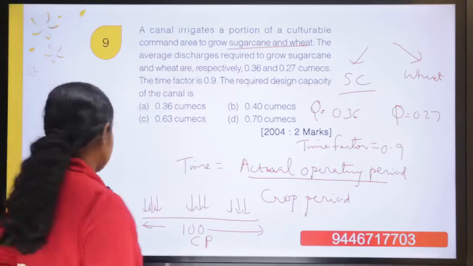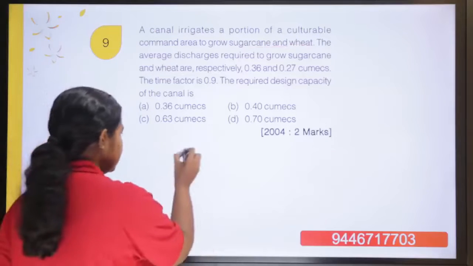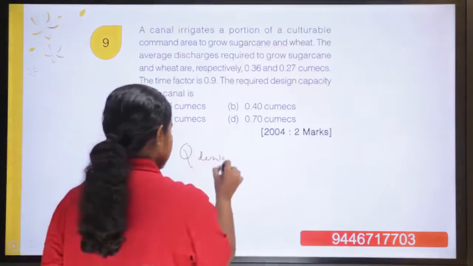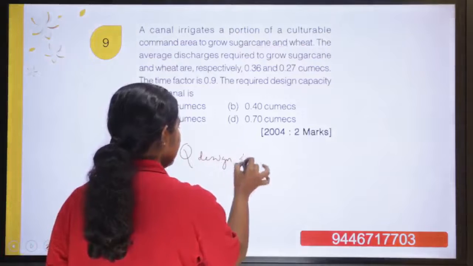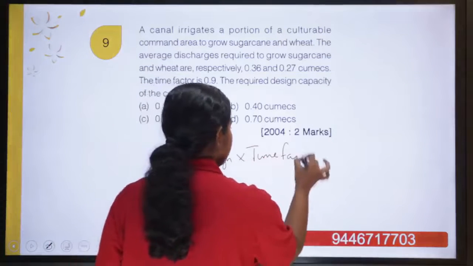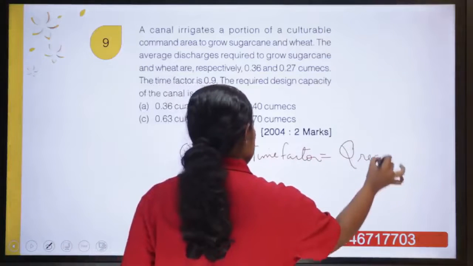Now there is another equation: design discharge into time factor will be equal to the discharge required.